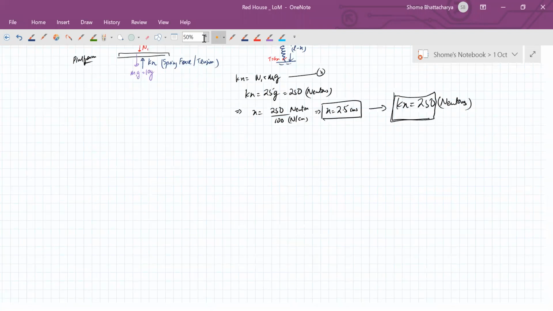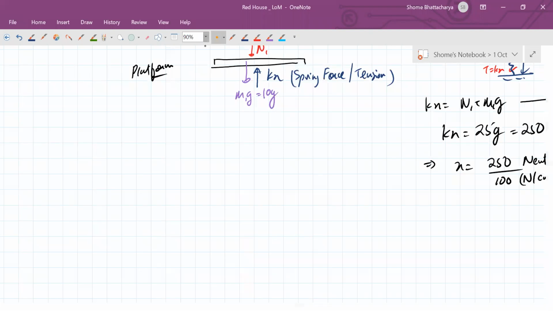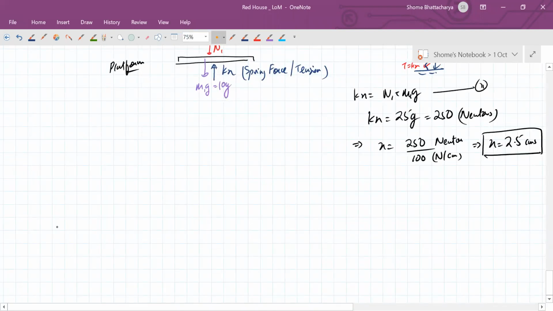Okay. So anyway, now coming to the second part. The important thing you have to understand is that at the moment when we just remove the block, the spring has not got a chance to change its state. So the spring is still applying an upward force of 250 newtons.